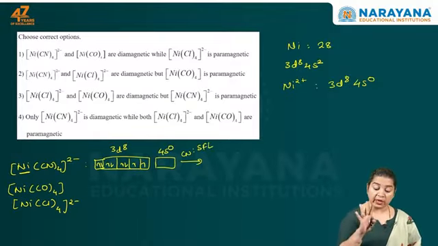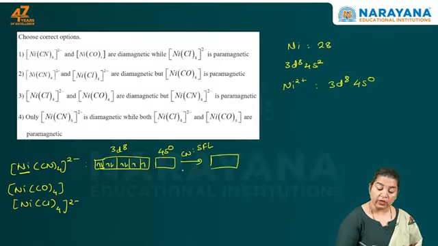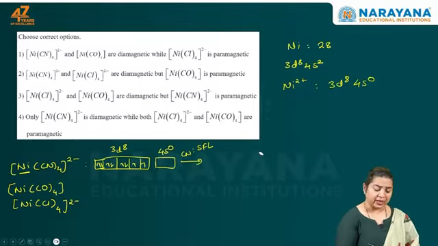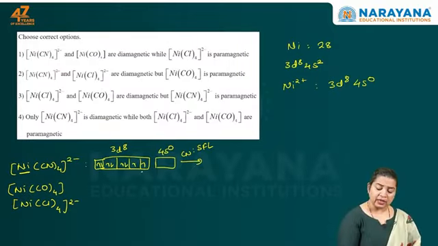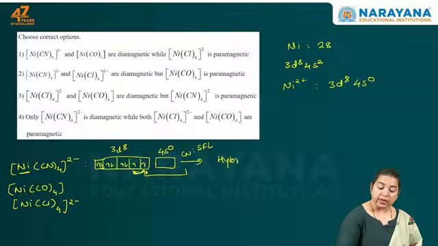With 4 cyanides, pairing will happen and the hybridization will be dsp2.